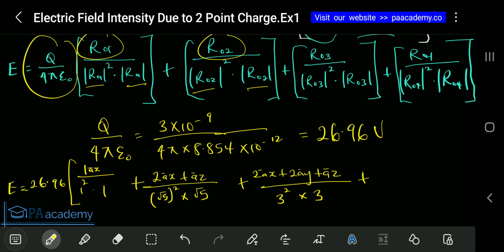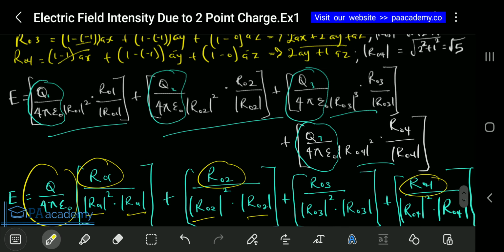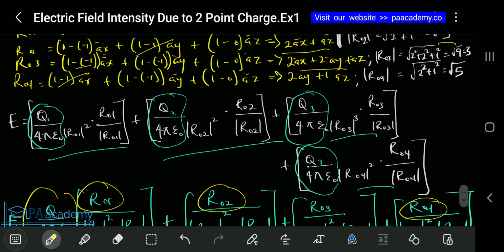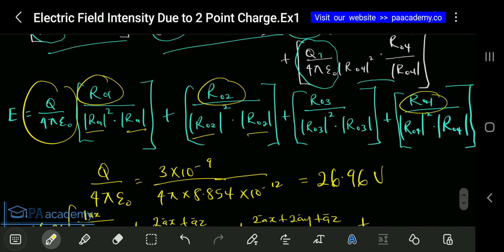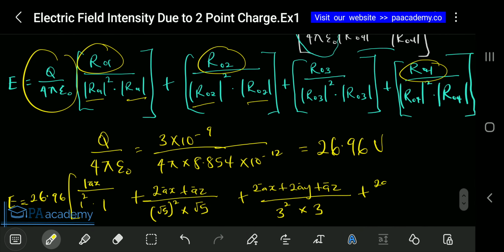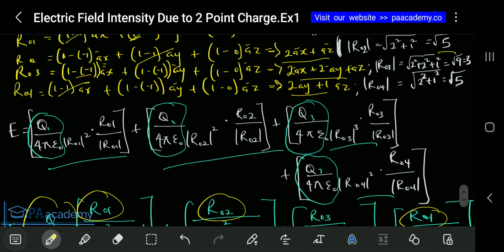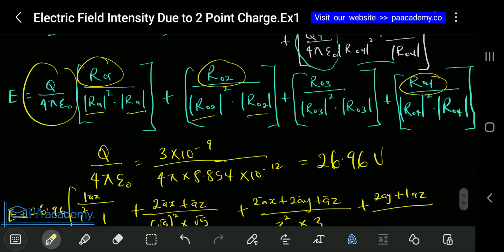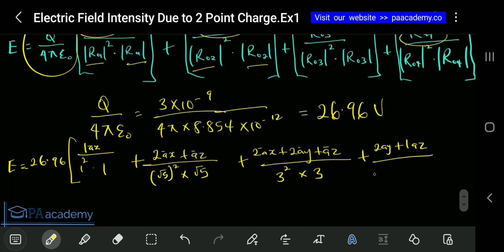Then plus, for RO4, its unit vector is 2AY plus 1AZ over its magnitude, which is root 5. So that means we are having root 5 squared times root 5. So we can close it.